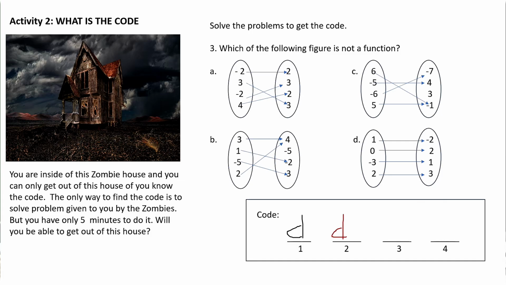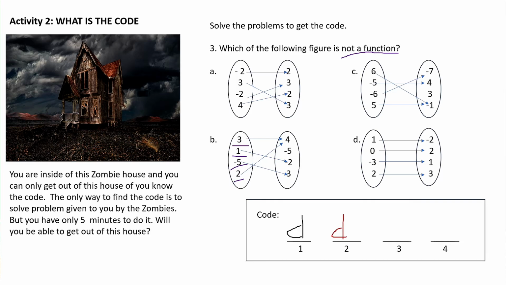Let us proceed to problem number 3. Which of the following figures is not a function? Okay, we are looking for a figure where the inputs are repeated. So let us start with letter B. The inputs are 3, 1, -5, and 2. So there is no repetition of the inputs in letter B, so this is a function.